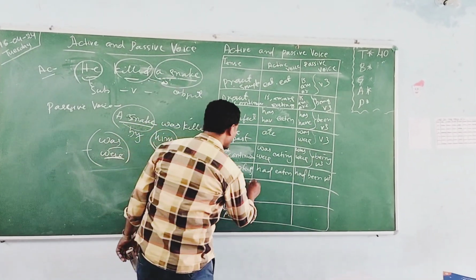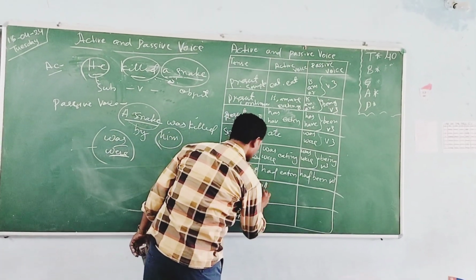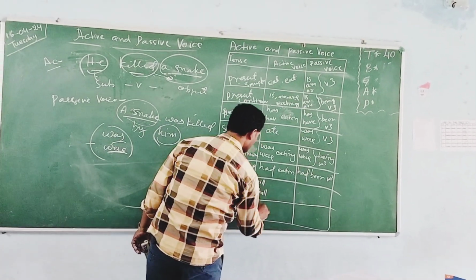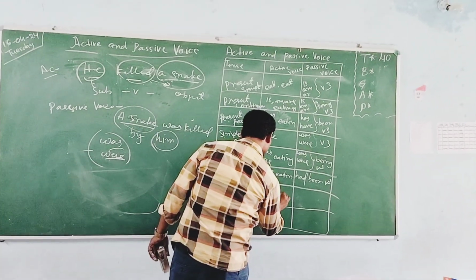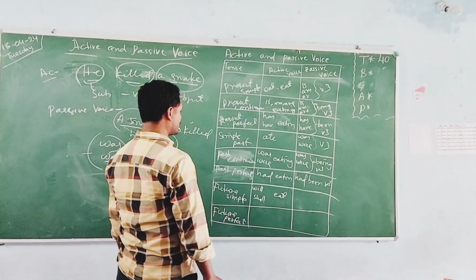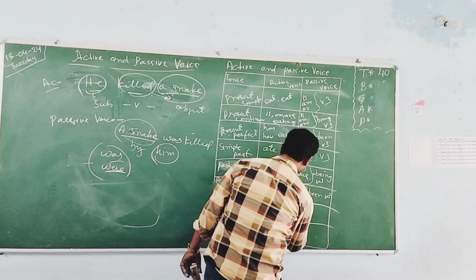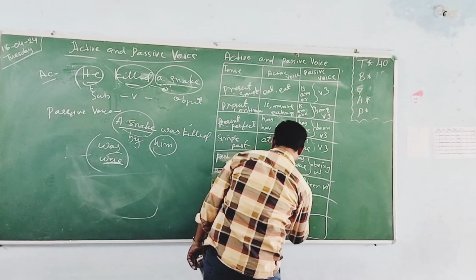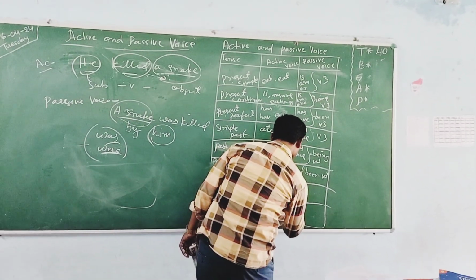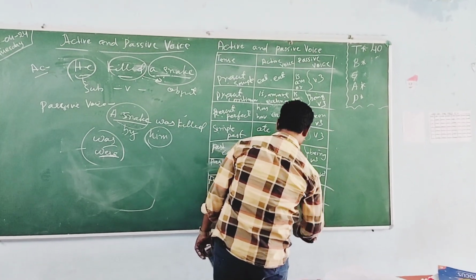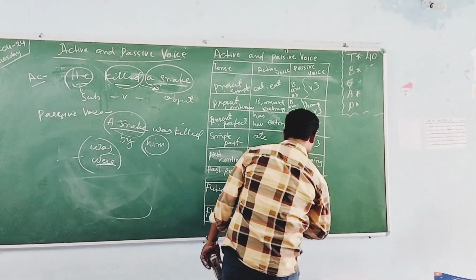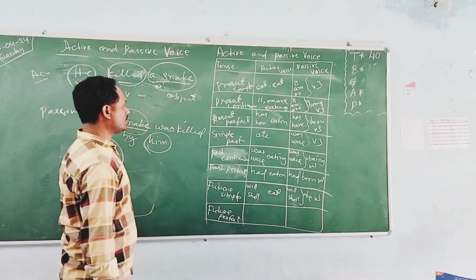Future simple: will, shall. We shall eat. So what is the passive group? Will be, verb 3.